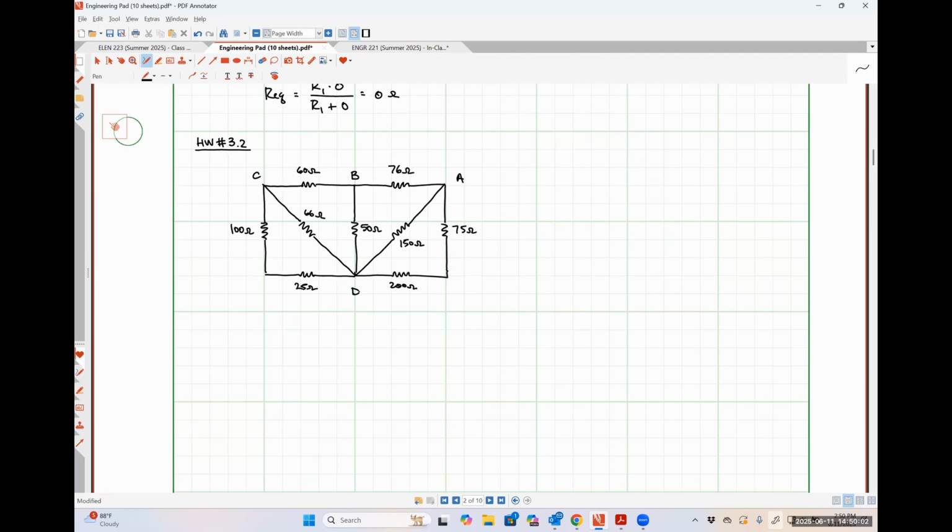And so my first step, whenever I see something like this where I can't intuitively just look at it and know what's going on, is I like to identify all of my nodes using different colors. So I'm going to say that node C is here in red.